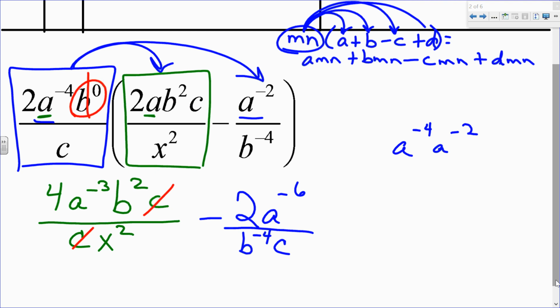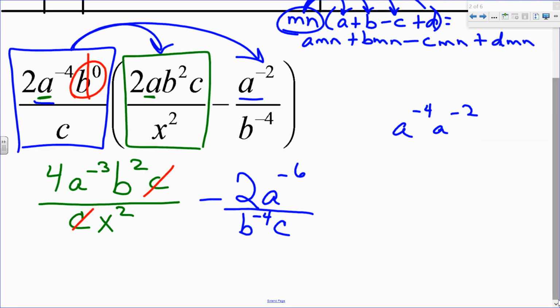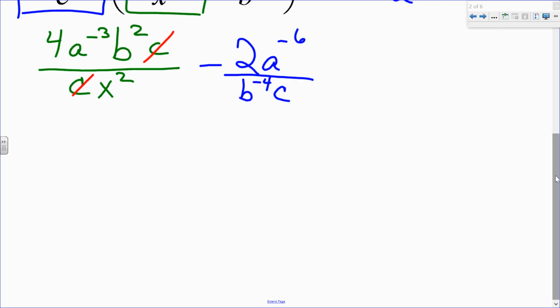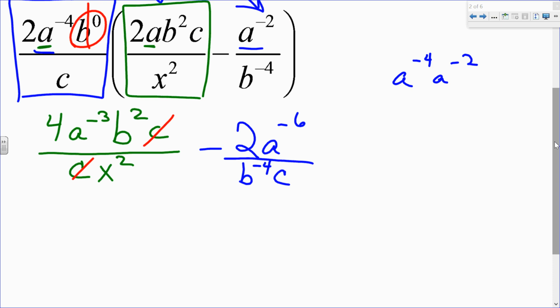And then my last step is simply that I want to clean up those negative exponents. So 4 is positive, it can stay up there. B squared is positive, but I'm going to move this one with the negative exponent downstairs and it becomes positive. And I'll keep x squared where it is because it already had a positive exponent.